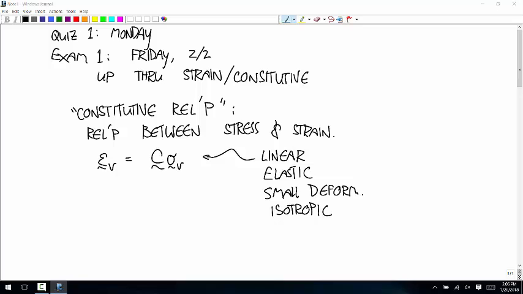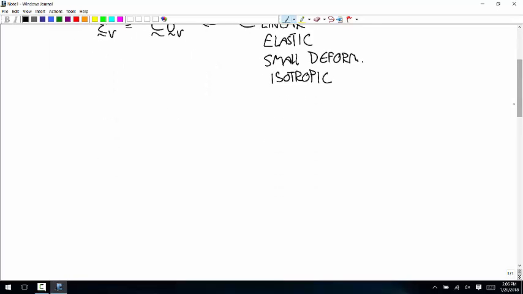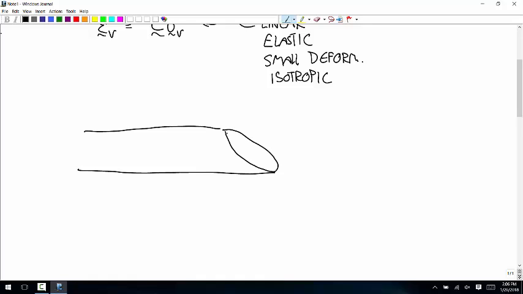Okay, so the homework question is the one where you have a circular cylinder and there's a load on the face.